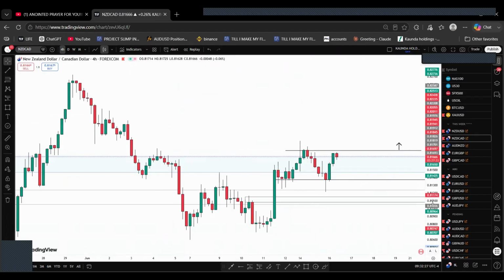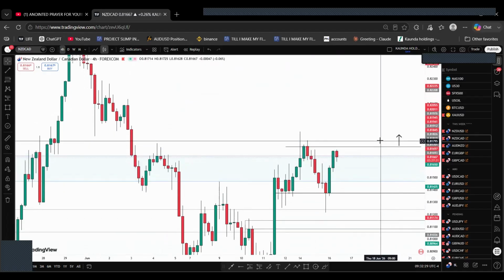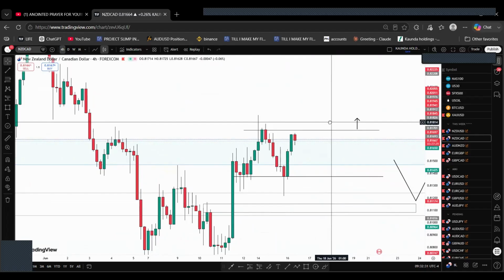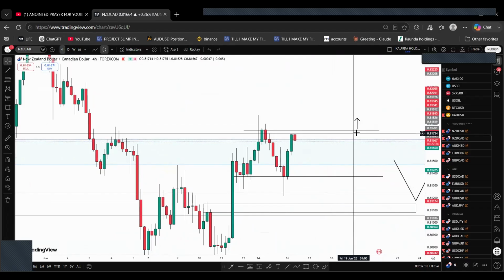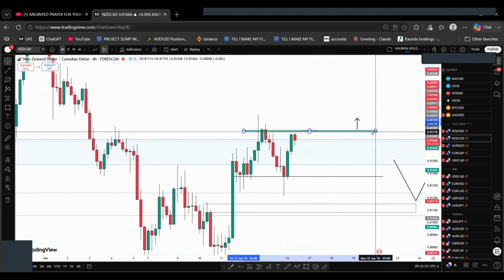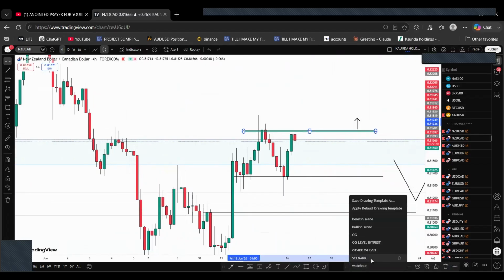So if you pay close attention to the forward time frame, this is where we are waiting for a shift.